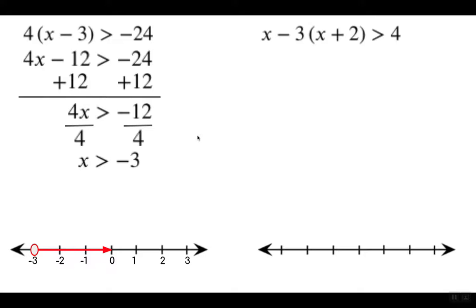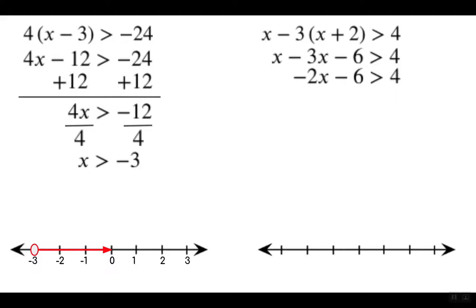Okay? The next one, x minus 3 times the quantity x plus 2 is greater than 4. Just like the steps of multi-step equations, I'm going to do the distributive property, and I get x minus 3x minus 6 is greater than 4. Then I'm going to combine like terms. I have x minus 3x, so I put 1x minus 3x, I combine those, and I get negative 2x minus 6 is greater than 4.